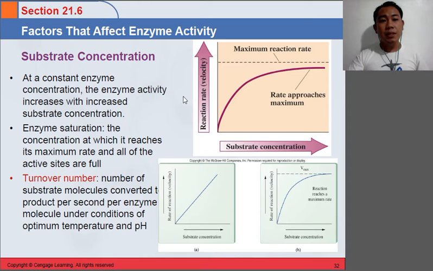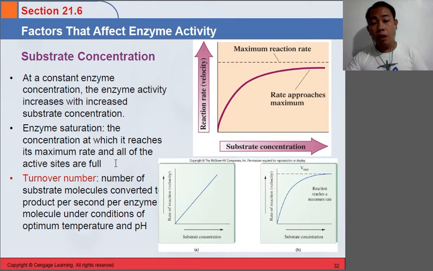Another factor is the substrate concentration. At a constant enzyme concentration, the enzyme activity increases with increased substrate concentration. Okay? At a constant enzyme concentration, the enzyme activity will increase if the substrate concentration increases. And there is enzyme saturation that we need to understand. Enzyme saturation is the concentration at which it reaches its maximum rate and all of the active sites are full.